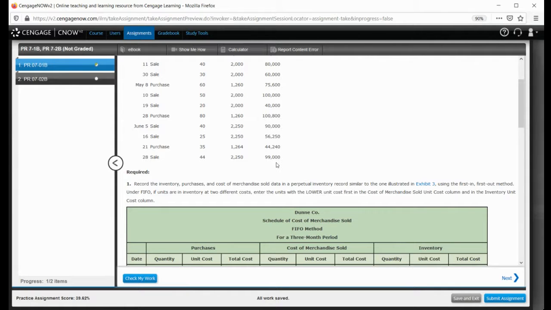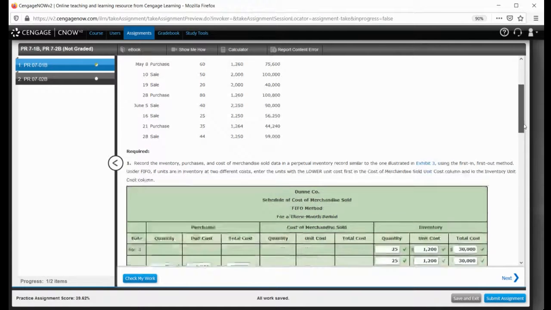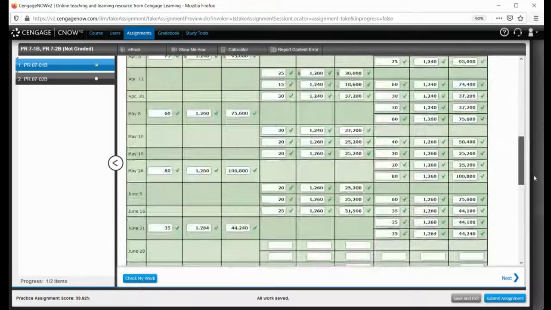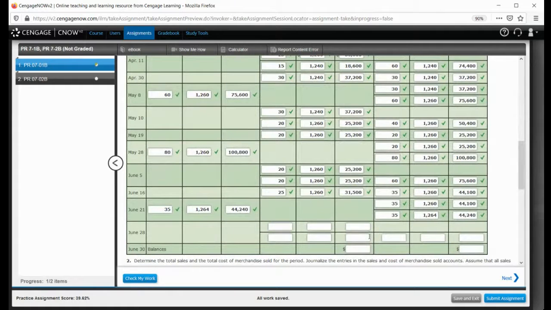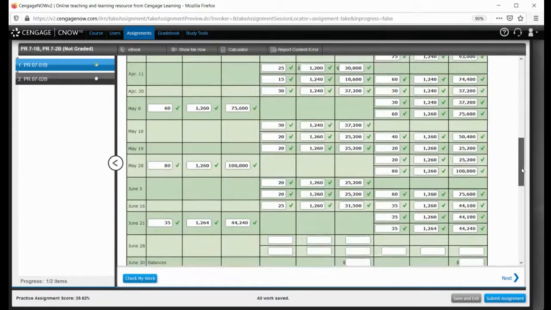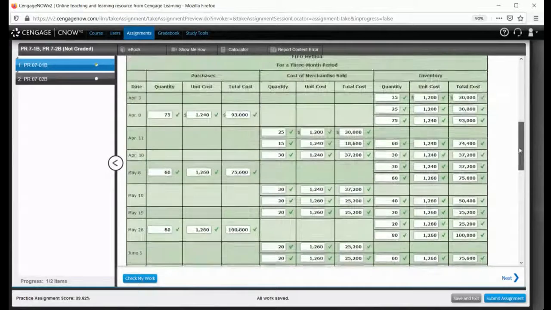The first one would be to record the sale. We would debit accounts receivable and credit sales for $99,000. The second journal entry would involve the cost of merchandise sold, which we don't know what that is yet. We're going to need to figure the cost of merchandise sold on June 28th.